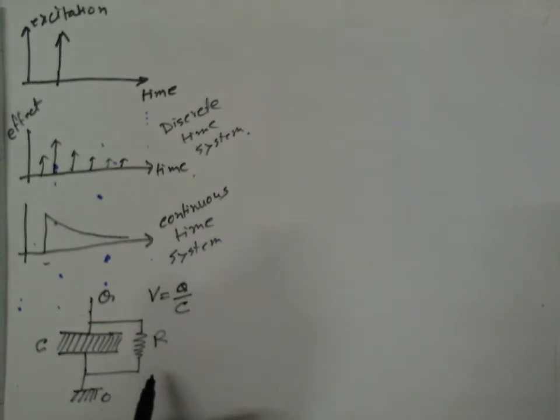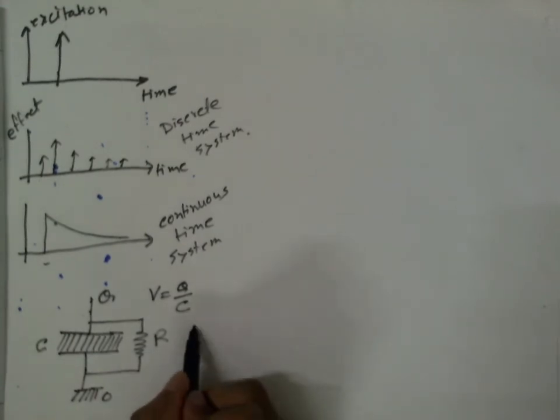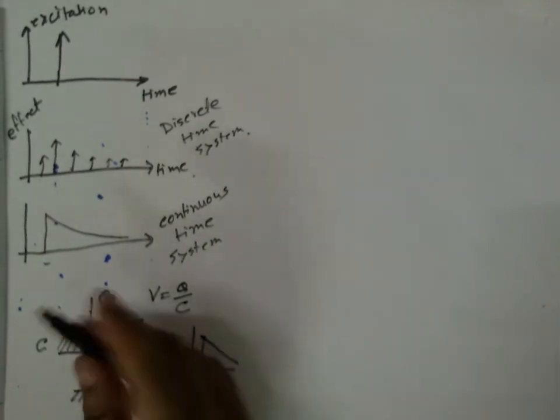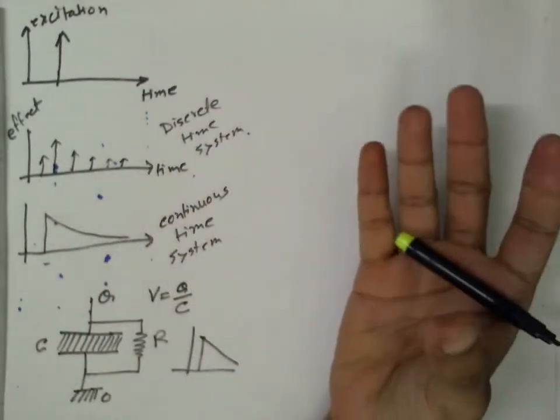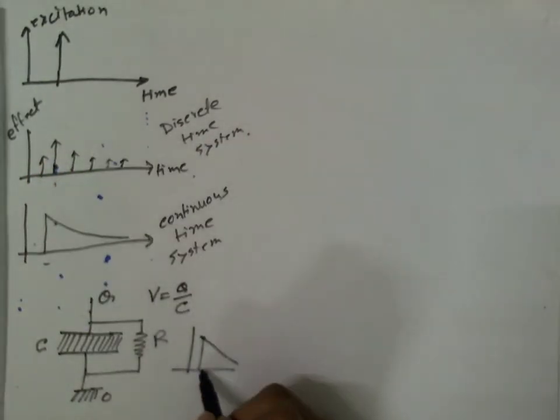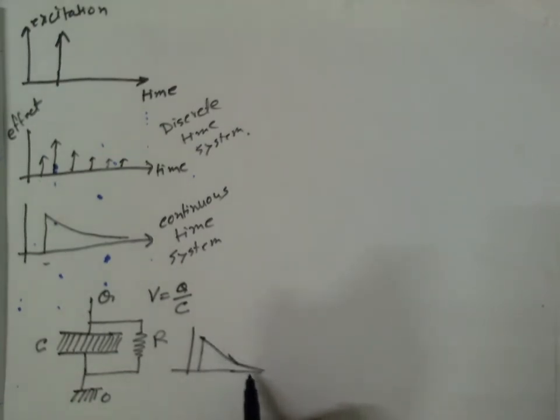In this case it will be an exponentially decaying voltage, so the voltage goes up to V instantaneously when I put this charge. So I take some charge somewhere and I put it here suddenly. If I do it, the voltage goes up suddenly and then drops exponentially. We can show that this is exponential with some time constant depending on C and R. We'll do it thoroughly in a later video.